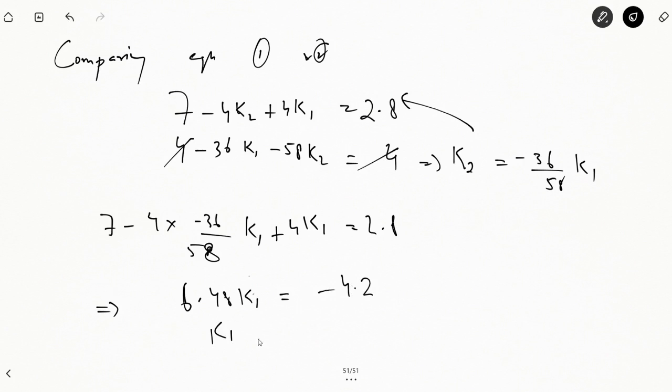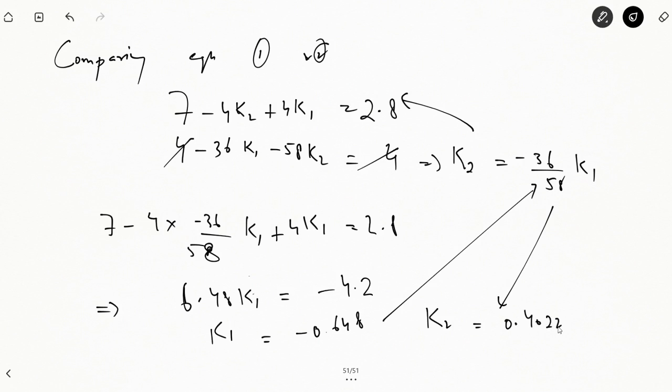So K1 will be equal to minus 4.2 divided by 6.48, which is minus 0.648. So I was putting this back here. K1 will be minus 0.648, whereas K2 will be 0.4022.